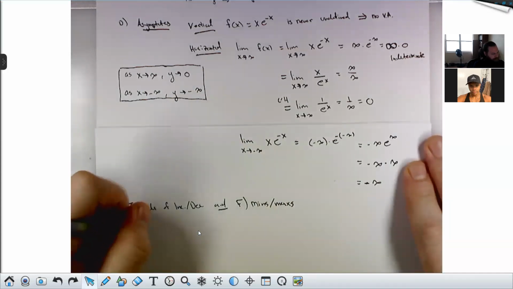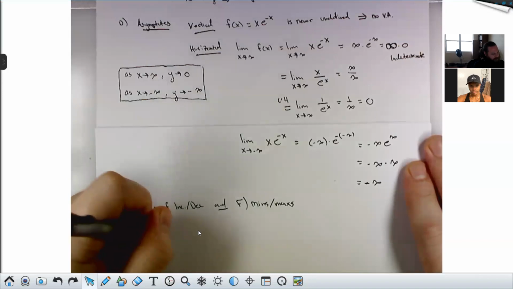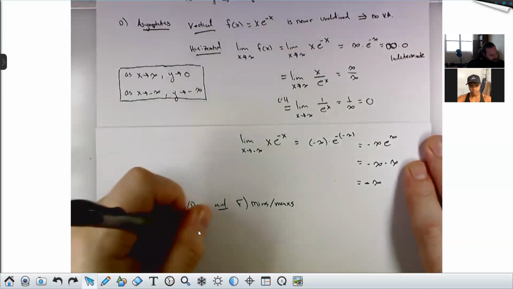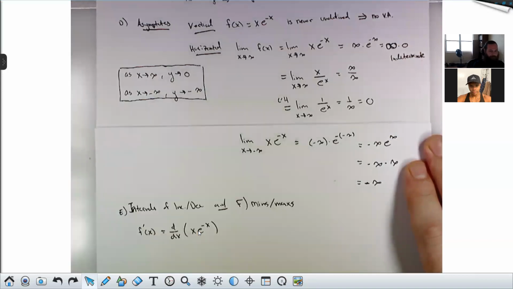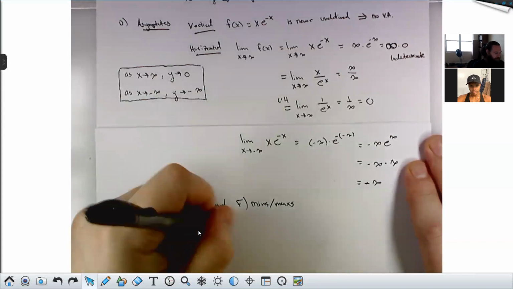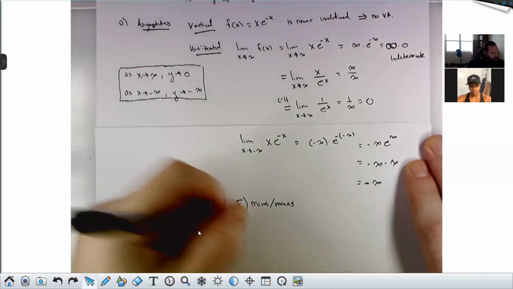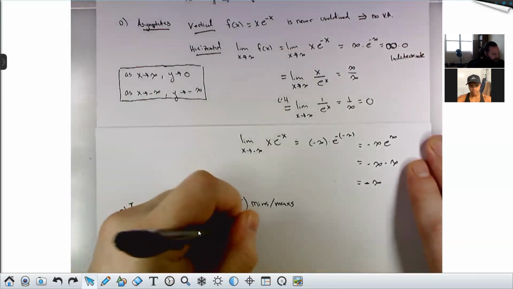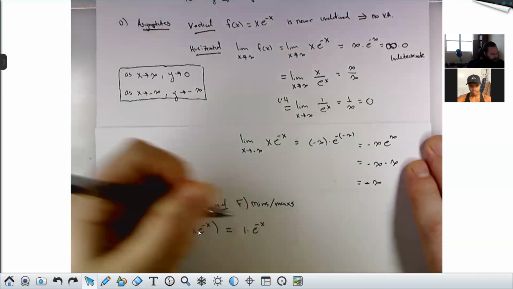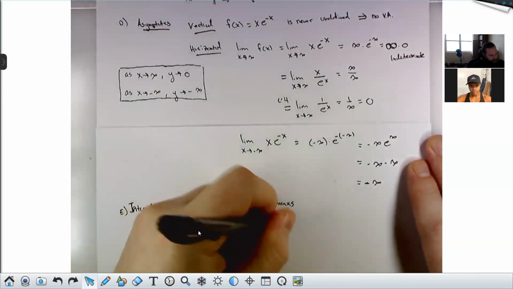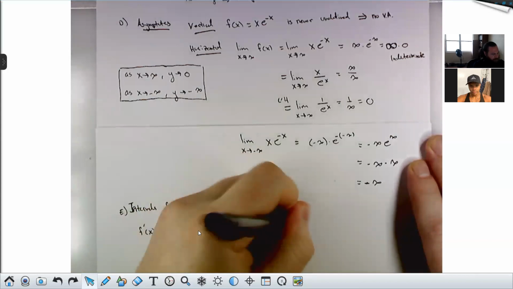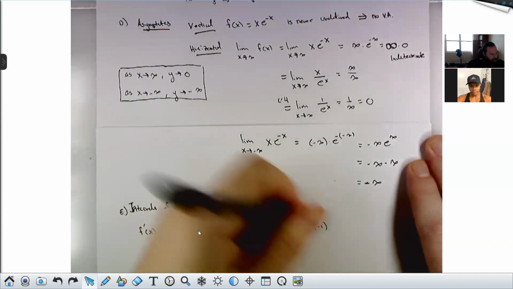So here, f primed of x is the derivative of x times e to the negative x, which is a product rule derivative with a little chain rule thrown in. This is the derivative of x, which is 1 times e to the negative x, plus x times the derivative of e to the negative x, which is e to the negative x times negative 1.